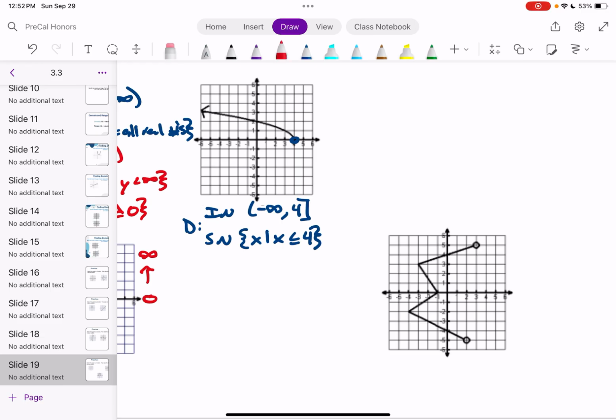In the case of range, our lowest number would be 0, and we are going up towards positive infinity, which means the range in interval notation would be a bracket 0 to positive infinity, and set notation would be y such that y is greater than or equal to 0.